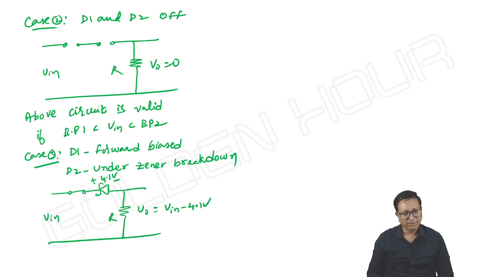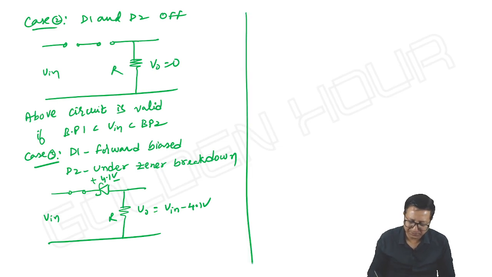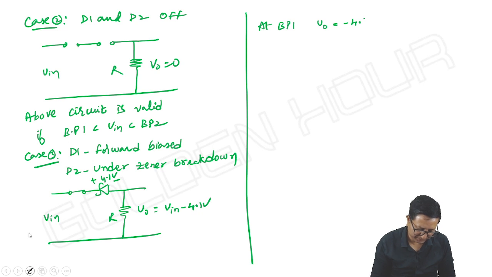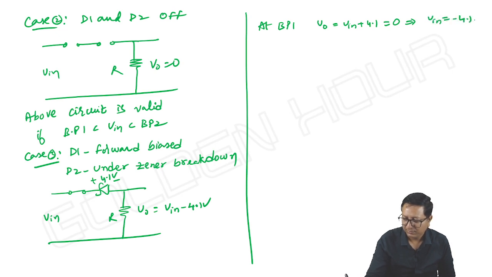That's it. Even here you can see those two breakpoints. At breakpoint 1, output is equal to V input plus 4.1, and also it is equal to 0. This implies V input is minus 4.1, which is our breakpoint 1.